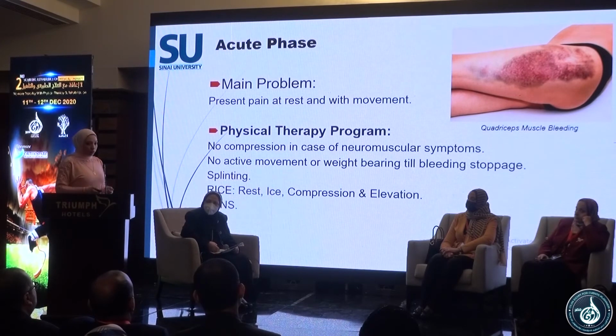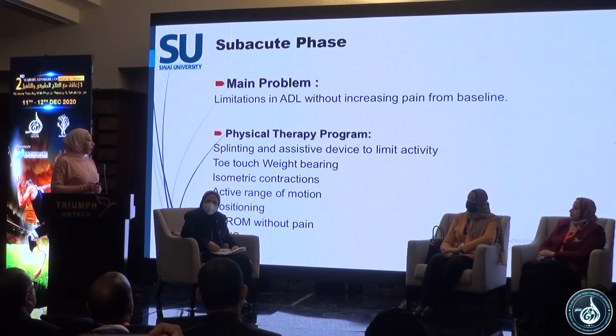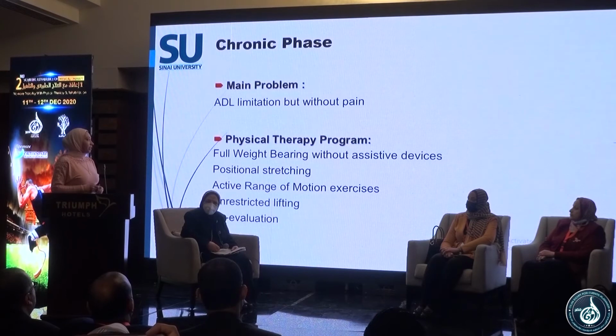TENS for pain, splinting, no active range of motion, and no compression if there are any neuromuscular symptoms. In subacute, there will be limitation in ADL activities, but without increasing pain from baseline. We should make a physical therapy program that has splinting and assistive devices to limit activity, toe touching in weight bearing, isometric contraction, positioning, active range of motion, and TENS.